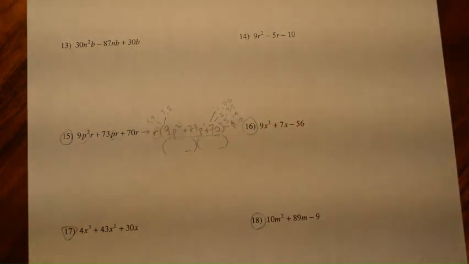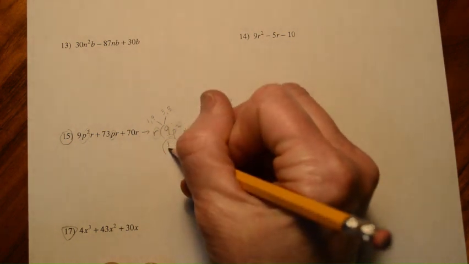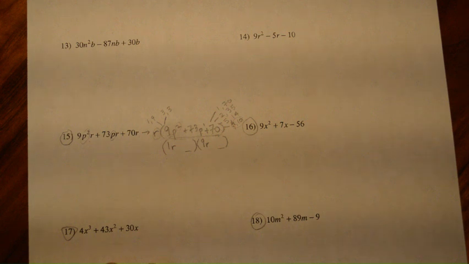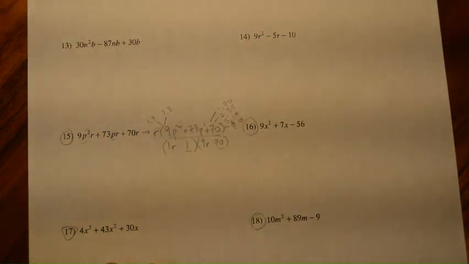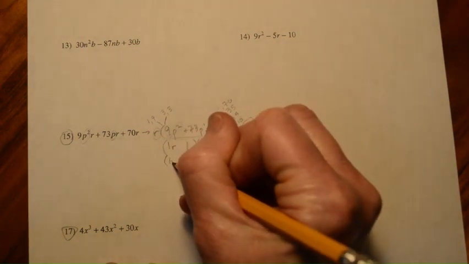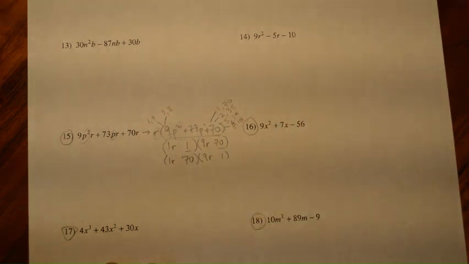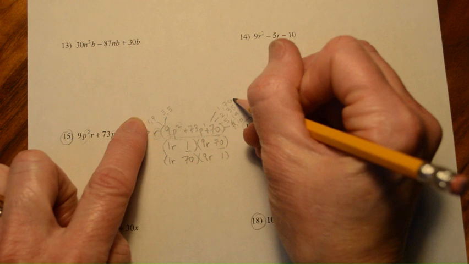So I am going to list them just so that you get the practice doing it. All right, so first let's start with 1 and 9. So 1r and 9r. Then we've got 1 and 70. We also have 1r and 70, and 9r and 1. All right, so that and that have been paired together.